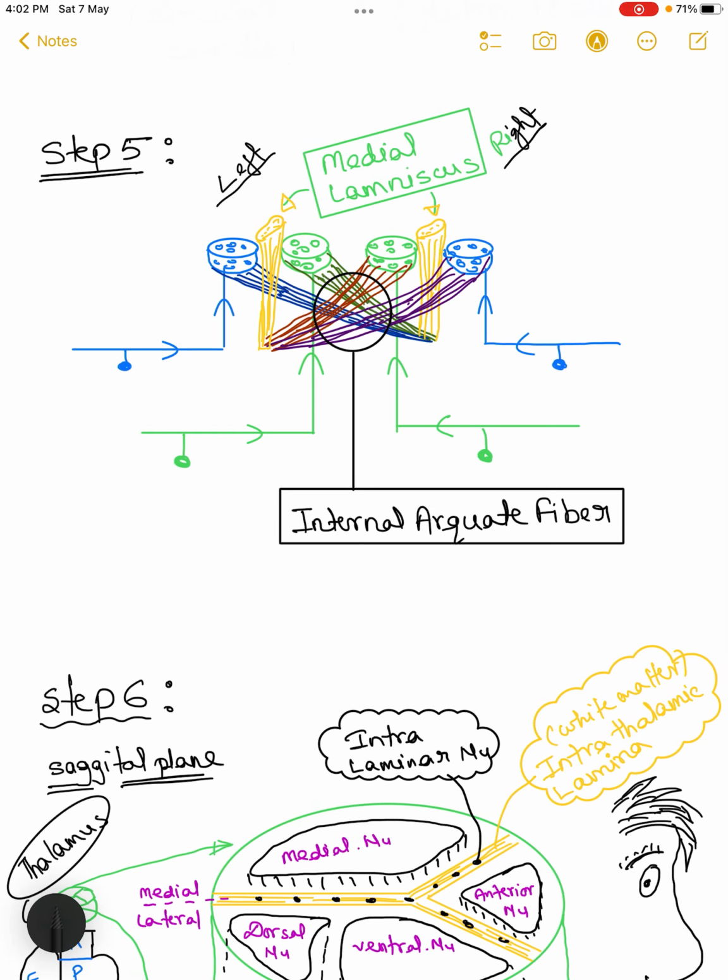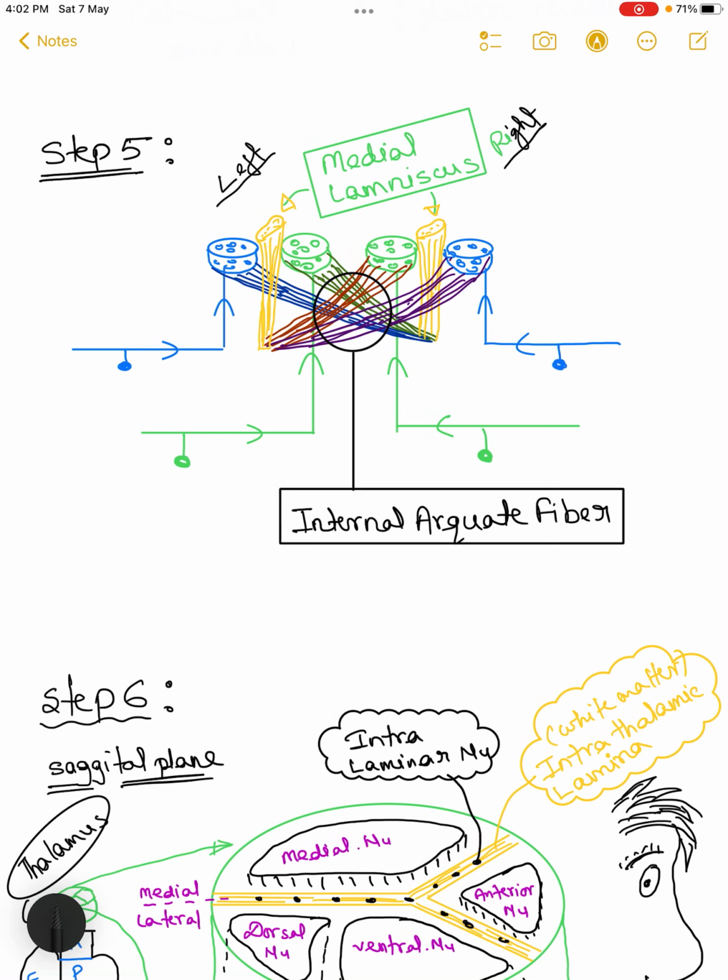Okay, so the right side is going to the left side, and the left side is going to the right side. If this happens, you will find a cross section here, and this is known as the internal arcuate fibers. Now you know what the internal arcuate fiber is.